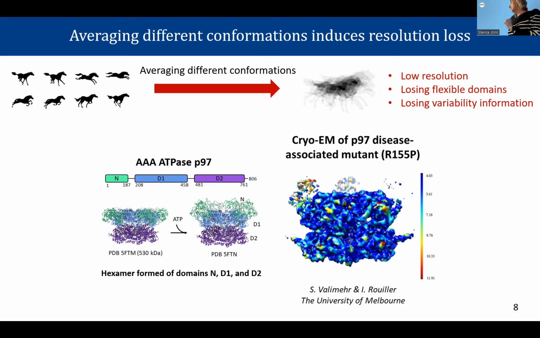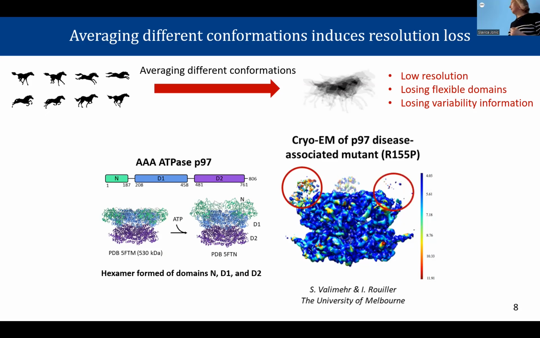So basically, actually, there are 2 rings, D1 and D2, here. And these N domains are extremely flexible. This is something that we know. And when you start to mix these different conformations into the same average, then you start to lose these N domains.